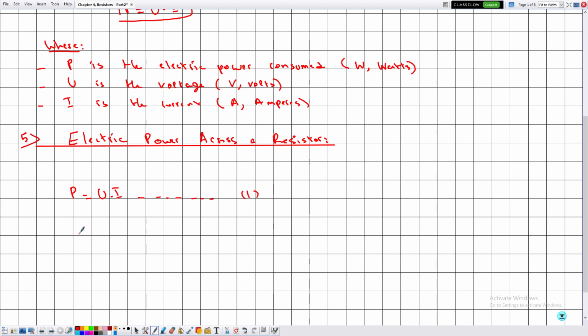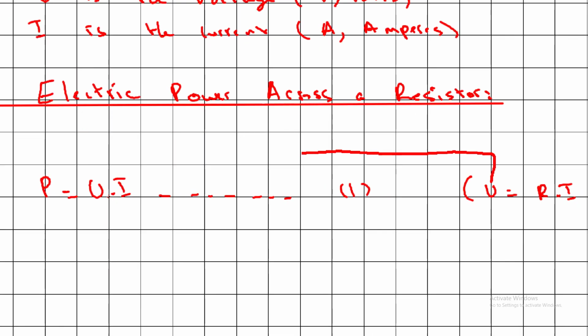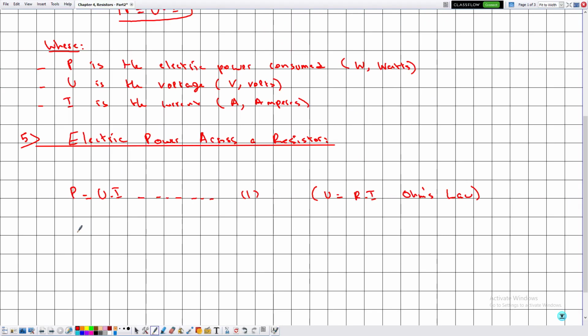Now suppose that we are interested in applying Ohm's law, which is given by U is equal to R multiplied by I. Now replacing this expression of U here, we get that P is equal to R multiplied by I multiplied by I, which is equal to R I squared. Then P is equal to R I squared is the second form.